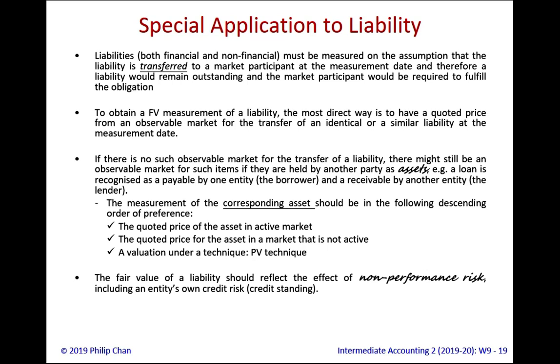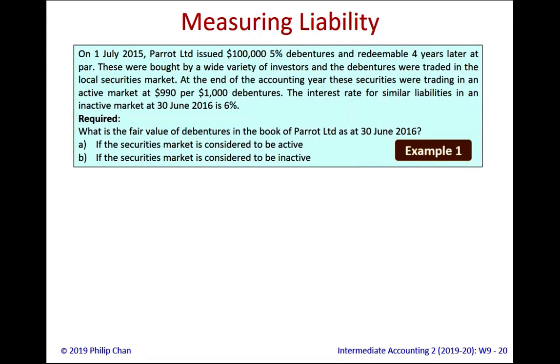So it should reflect the company's credit risk position in order to be picked up as the fair value of that particular liability. Right? Non-performance risk is the risk that an entity will not be able to fulfill its obligations, all right, credit risk.